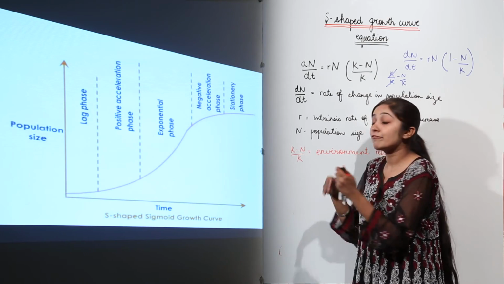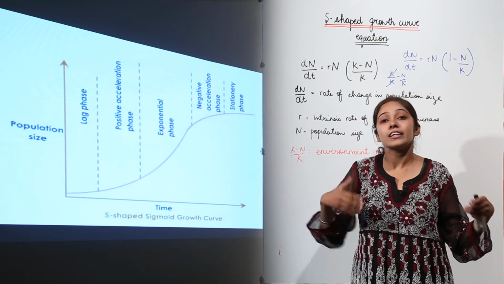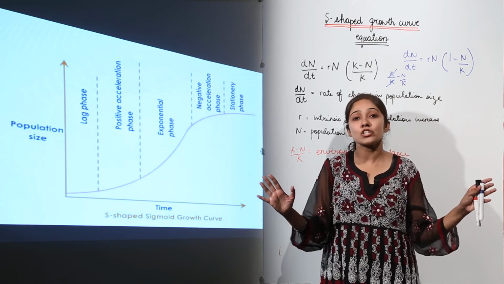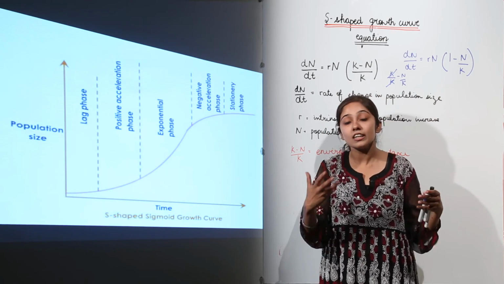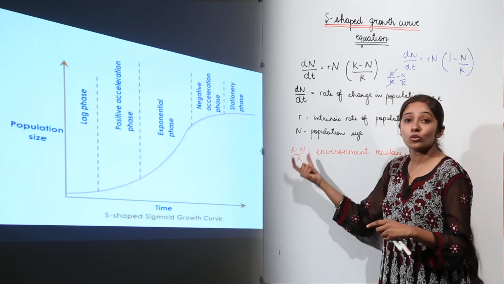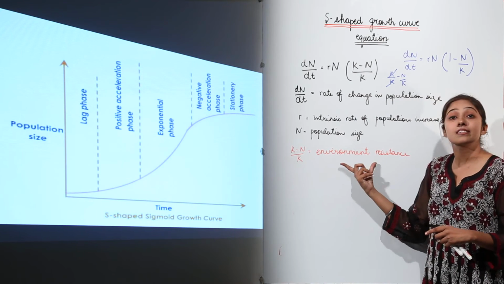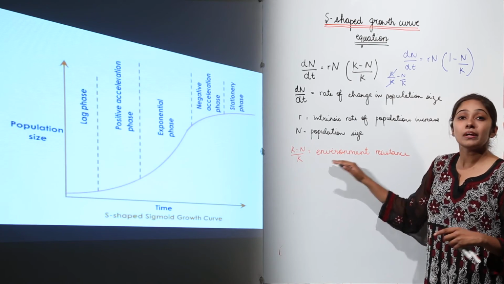If we calculate theoretically, ideal conditions mean there is a lot of food available, no predation, no competition. So during ideal conditions you can find the theoretical growth rate and subtract the actual growth rate from it. By subtracting this, we can find the environmental resistance. So this is how we calculate the environmental resistance.